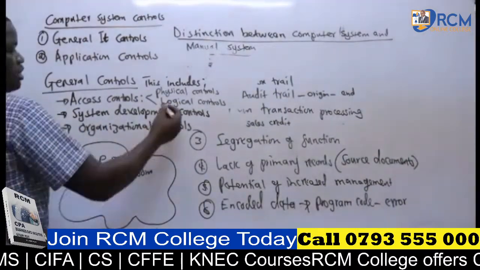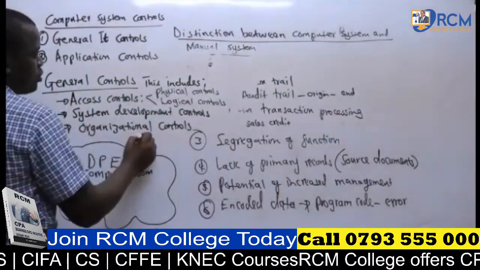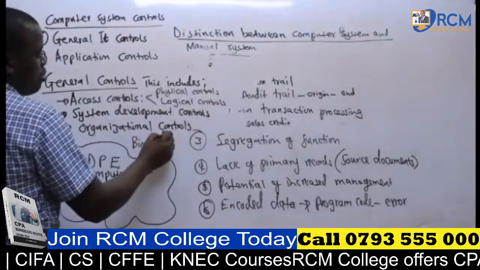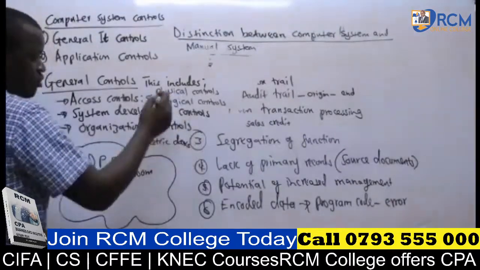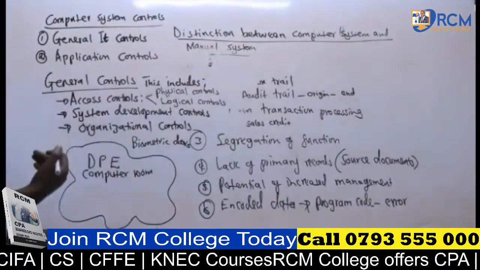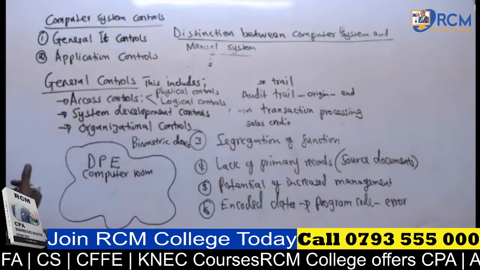So what could be some of the physical controls? One, you can be using biometric doors for authentication purposes. The system can only allow you to enter that particular room if you have been authorized.